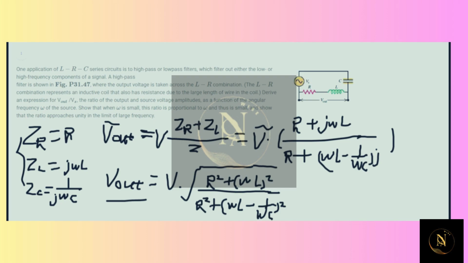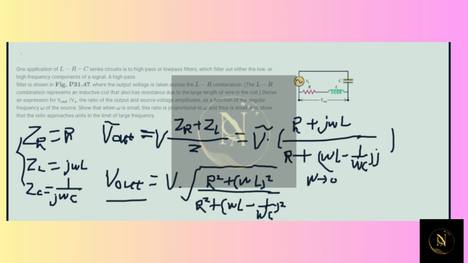Then we can analyze this V out by setting two limits, omega small and omega large. When omega is close to 0, the numerator becomes very close to R squared, because omega L is negligible.